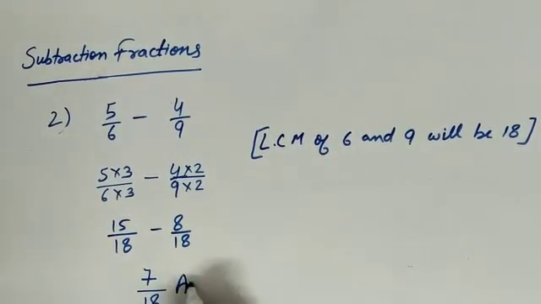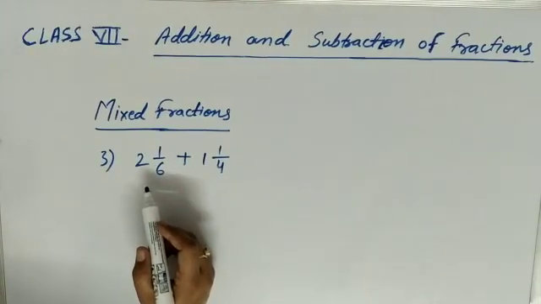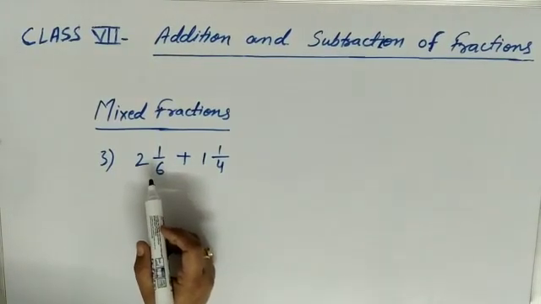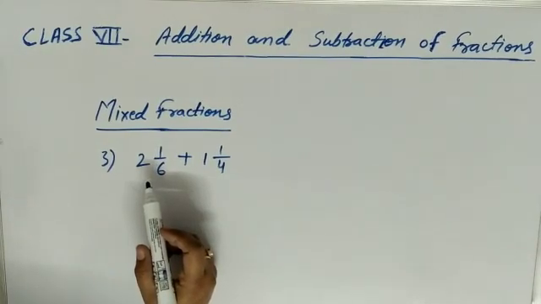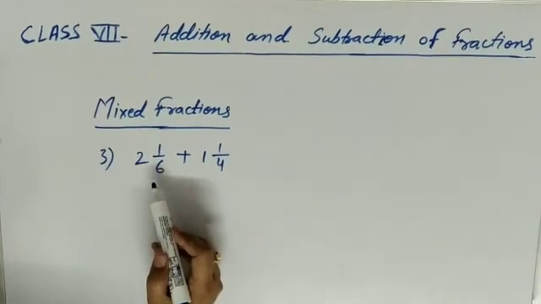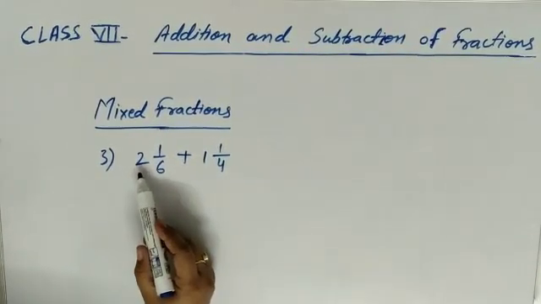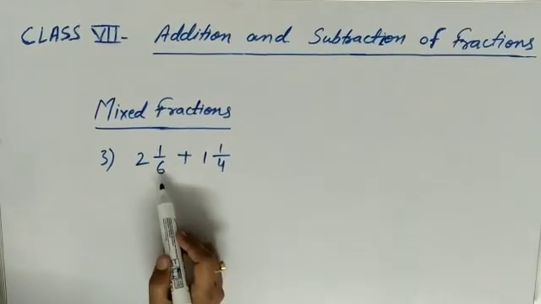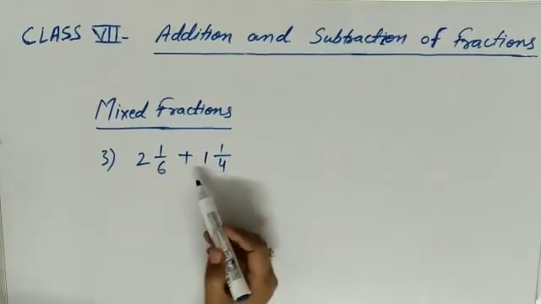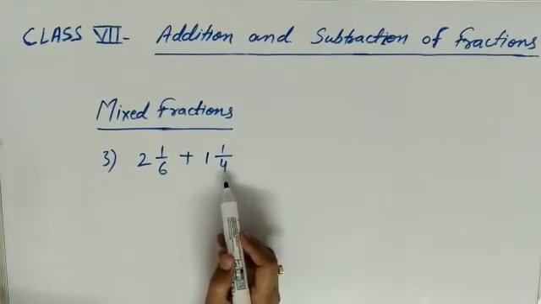This is our answer. Last is mixed fractions. To explain addition of mixed fractions, we already know a mixed fraction contains a whole number and a proper fraction. So now in the question we take the first fraction: 2 as the whole number and 1/6 as the proper fraction. Similarly, 1 as the whole number and 1/4 as the proper fraction.